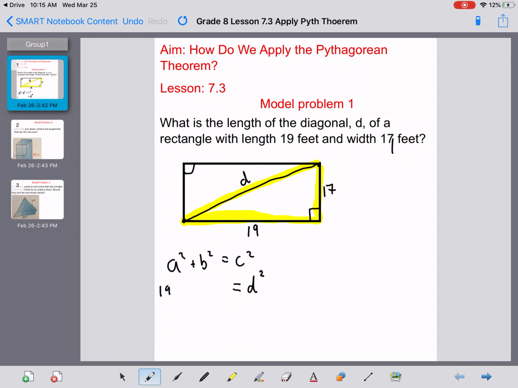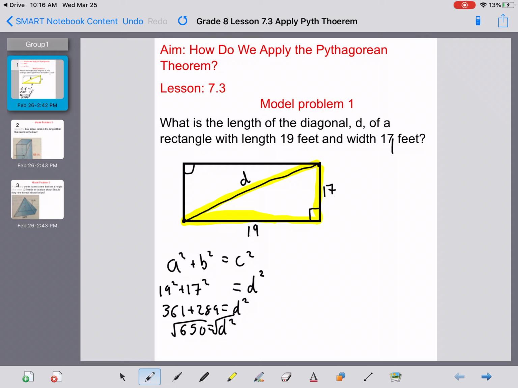The 19 and the 17 can switch between a and b. So I have 19 squared plus 17 squared equals d squared. 19 squared is 361 plus 17 squared, which is 289. 361 plus 289 is 650 equals d squared.